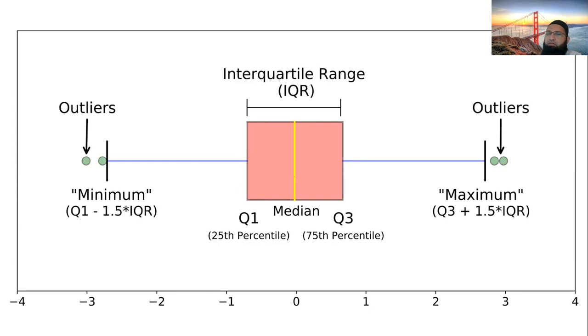And what is it written? Q3, 75th percentile. What does that mean? Vinesh is saying that Q3 is a number. Q3 is a number. So let me put some numbers here. Let's say I'm talking about the age.